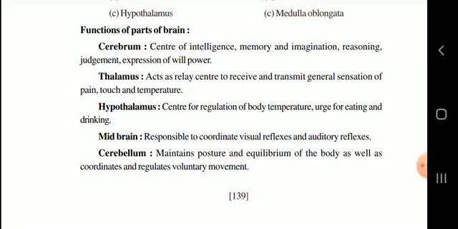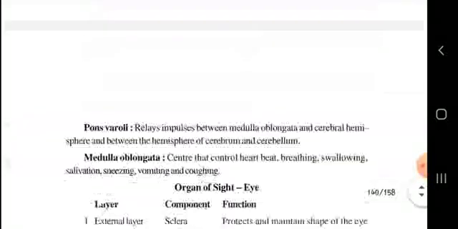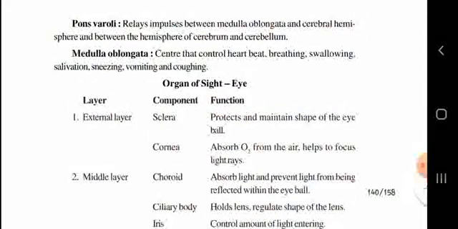And cerebellum maintains posture and equilibrium of the body, as well as coordinates and regulates voluntary movement of the body. And pons varolii relays impulses between medulla oblongata and cerebral hemisphere, and between the hemisphere of cerebrum and cerebellum.